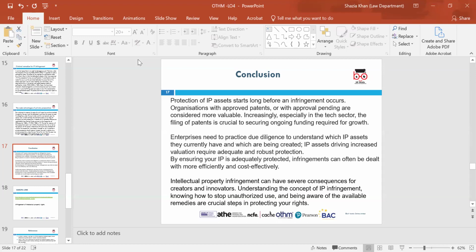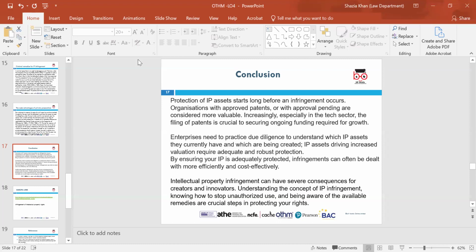Increasingly, especially in the tech sector, the filing of patents is crucial to securing the ongoing funding required for growth. Enterprises need to practice due diligence to understand which intellectual assets they currently have and which are being created. Intellectual property assets driving increased valuation require adequate and robust protection.